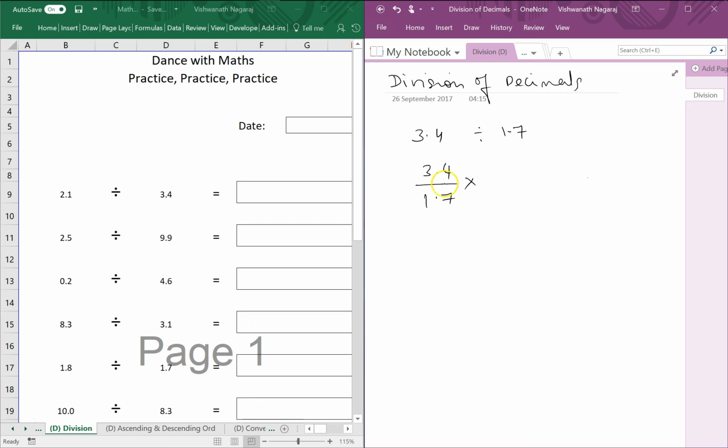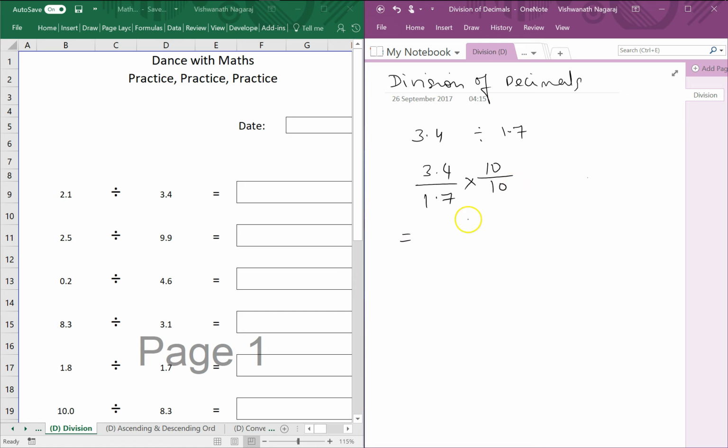Remember, this is a fraction, and when we multiply the numerator and the denominator with the same number, the fraction doesn't change. So let's multiply this by 10 by 10.